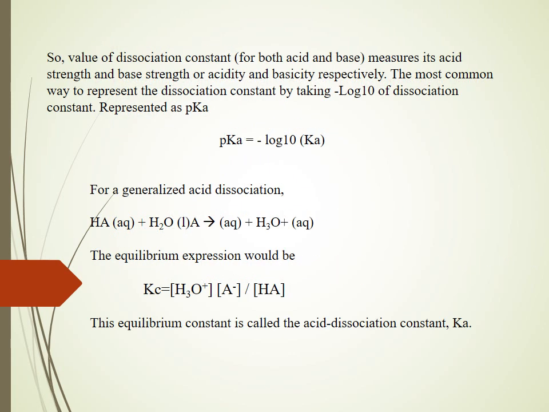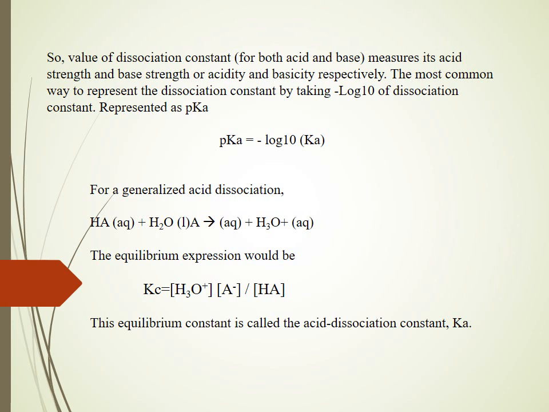The value of the dissociation constant measures acid strength and base strength, or acidity and basicity respectively. The most common way to represent it is by taking minus log 10 of the dissociation constant, represented as pKa. Here pKa equals minus log 10 Ka.